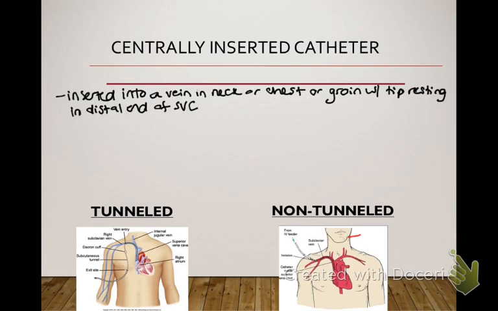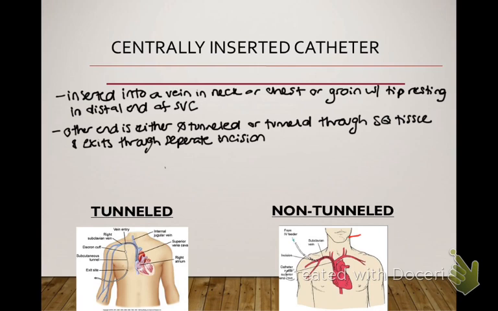So it's inserted into a vein in the neck, chest, or groin with the tip resting in the distal end of the superior vena cava, just like when I drew that picture before. And the other end is either tunneled or not tunneled.